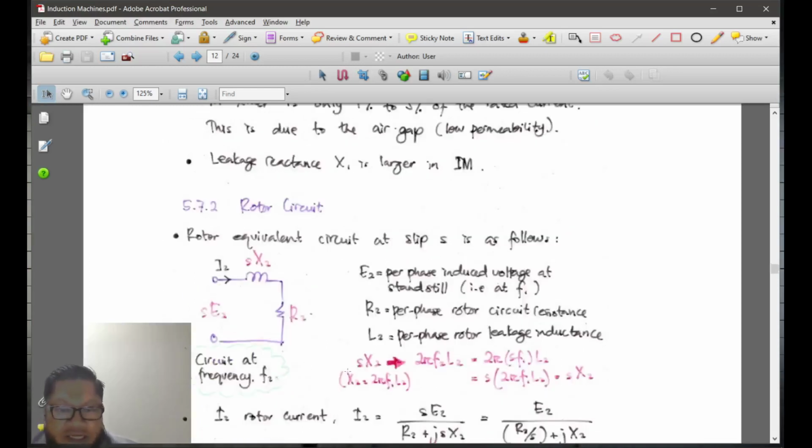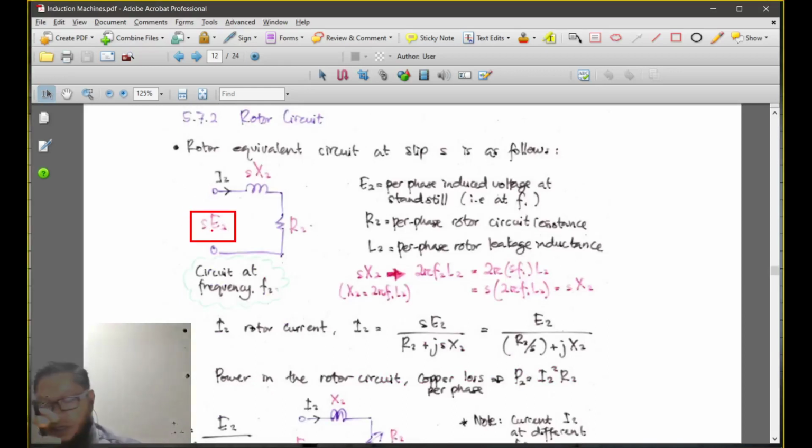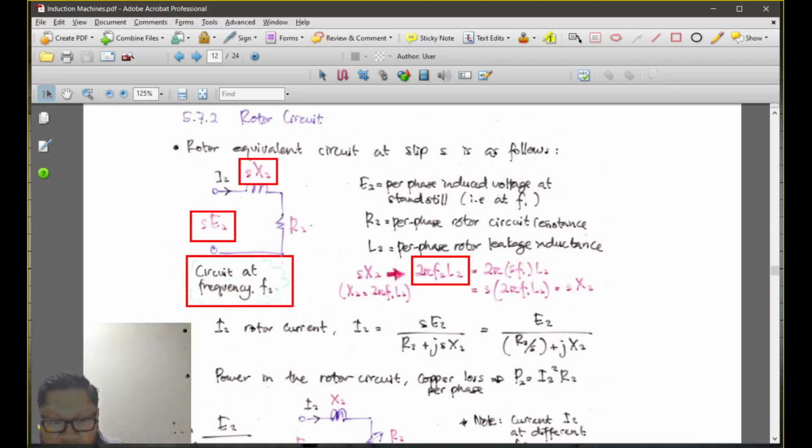Okay, so for the rotor circuit, we know that the voltage across your rotor is E2, and then we have this SX2. So how to get the SX2? Let's consider this equation first. At the rotor frequency F2, the reactance will be 2 pi F2 L2.